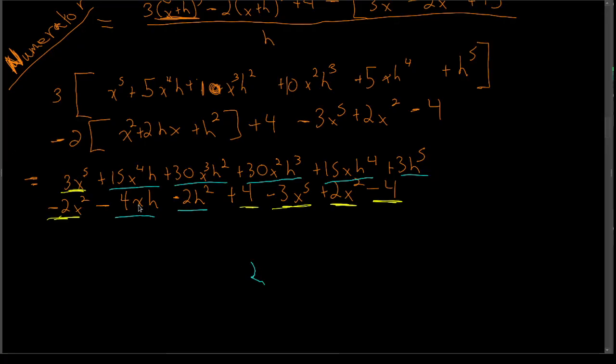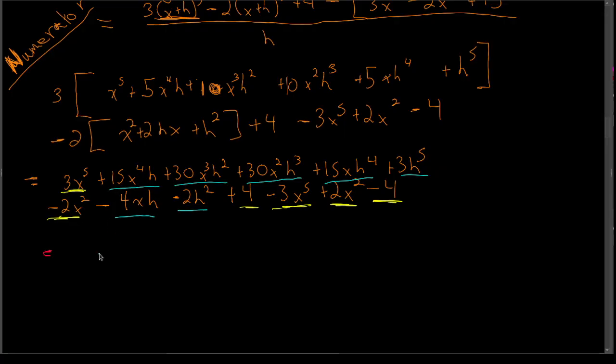So the parts of the function themselves, the positive 3x to the 5th and the negative 3x to the 5th cancel out. The negative 2x squared and the positive 2x squared cancel out. And the positive 4 and the negative 4 cancel out. That's always going to happen with these, the function itself cancels out, leaving behind the change.